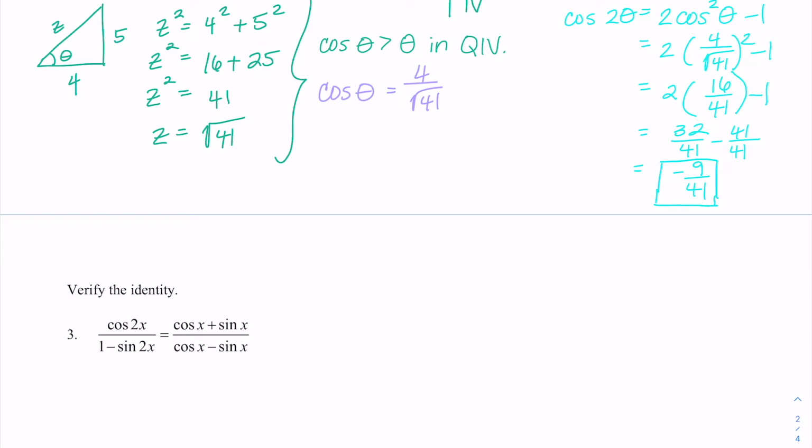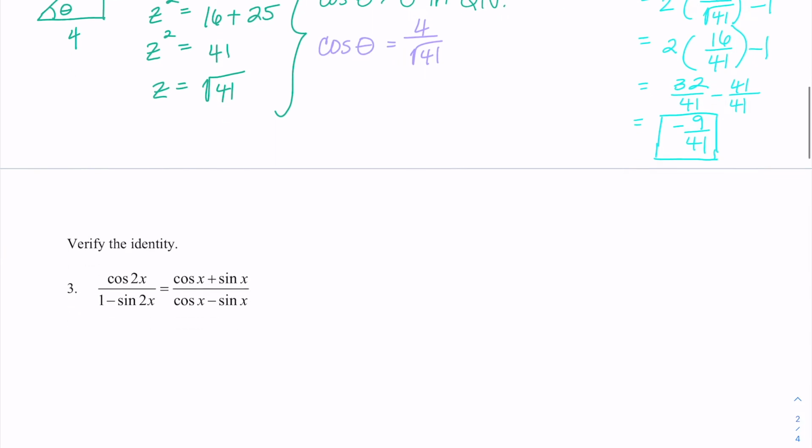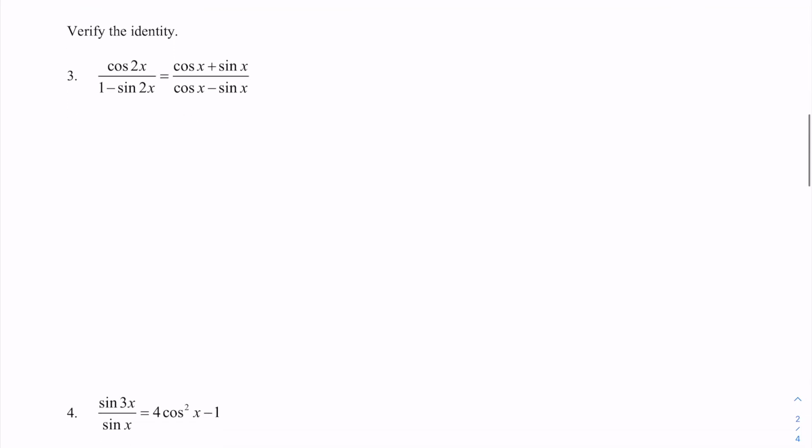Okay. In number 3, we're asked to verify the identity. So I think we'll start on the right-hand side this time. Our right-hand side, let's do that in red, is equal to the cosine of x plus the sine of x divided by the cosine of x minus the sine of x.